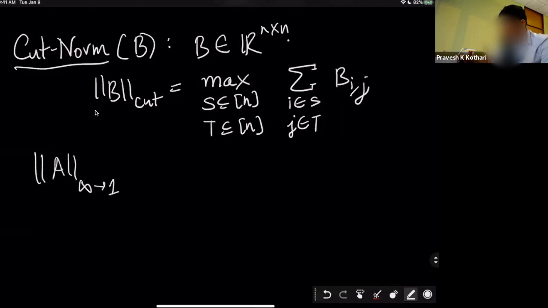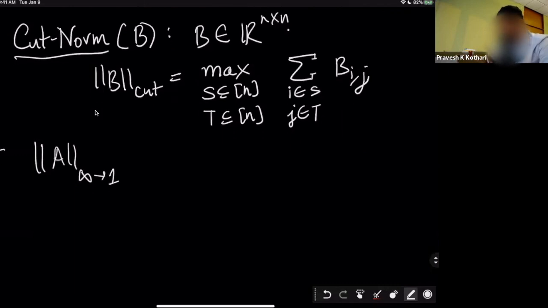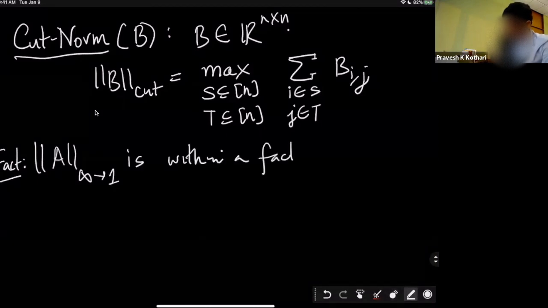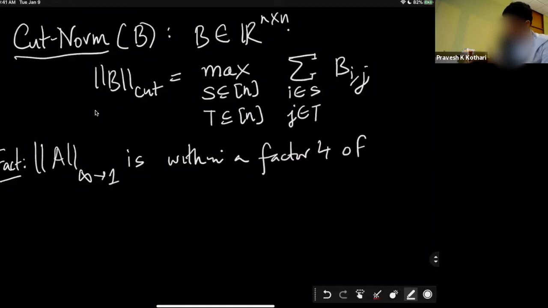I forget which way the inequality goes, but let me make a claim which is definitely true, though slightly vague: it is within a factor of 4 of the cut norm of the same matrix. So in particular, you can approximate cut norms within a fixed constant factor.